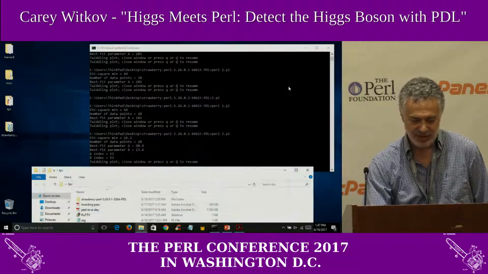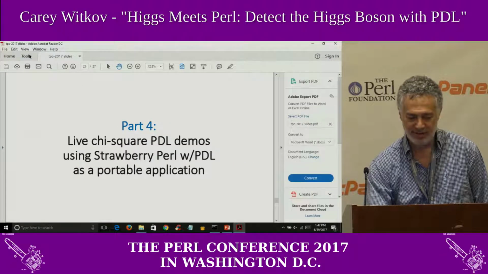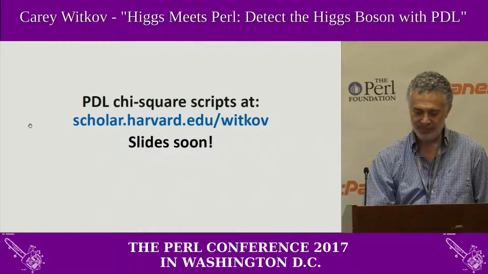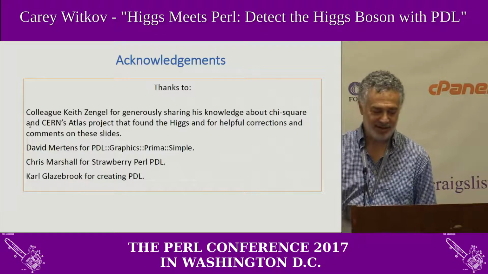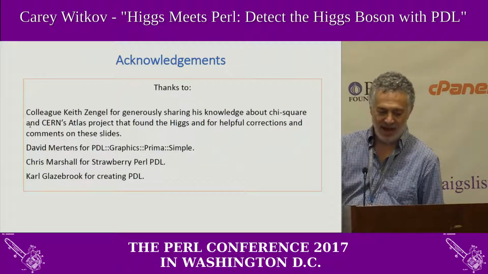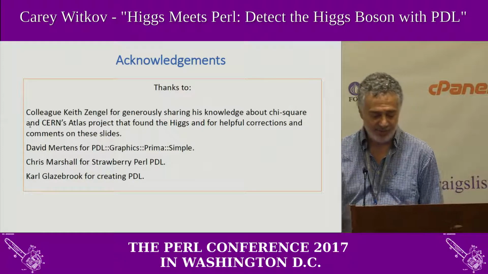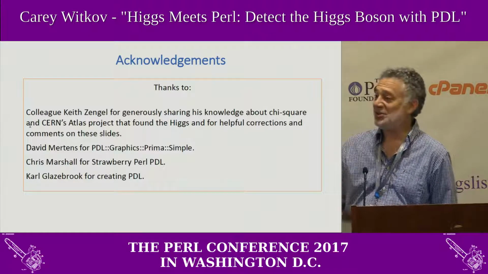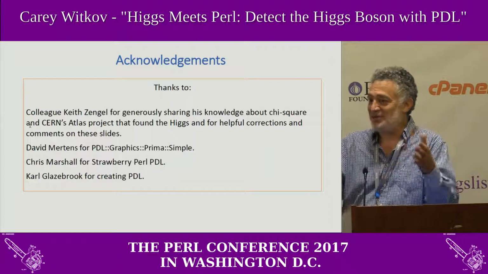And then I'd just like to go to the last couple pages here. Acknowledgements. I want to acknowledge a colleague, Keith Zengel, for making some helpful comments, slides, and his work on chi-square. David Mertens for some of the documentation that's helped me in the last couple months learn PDL and Perl.